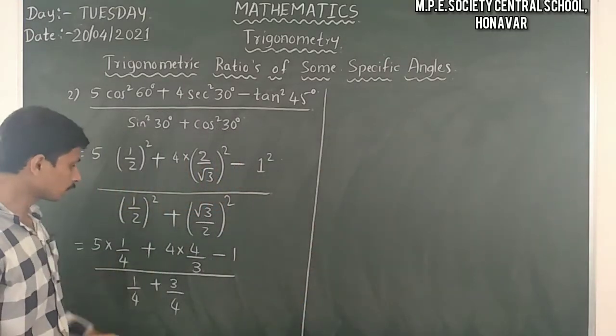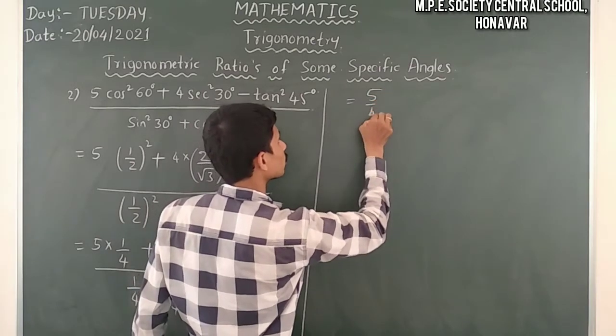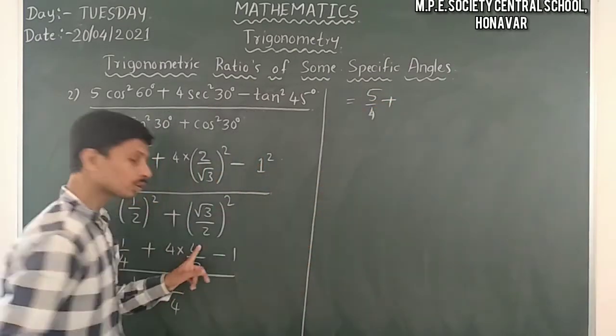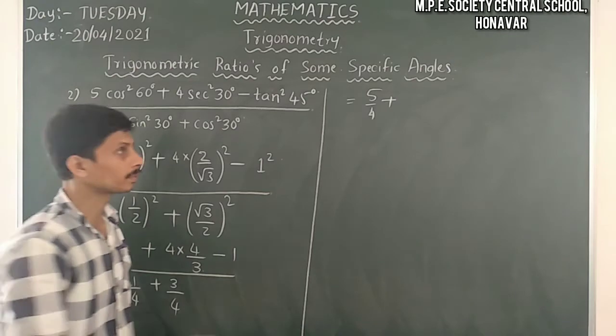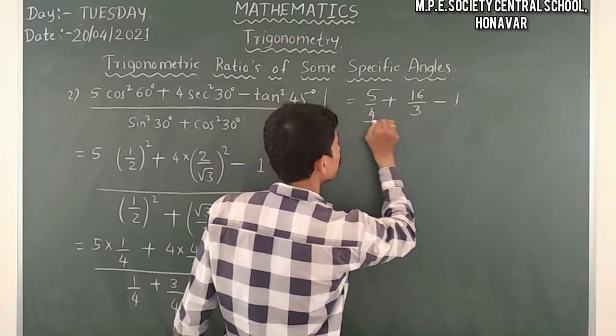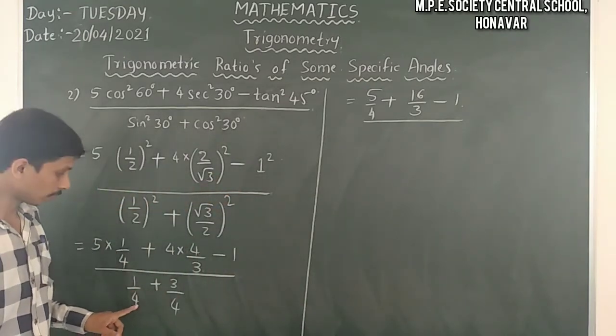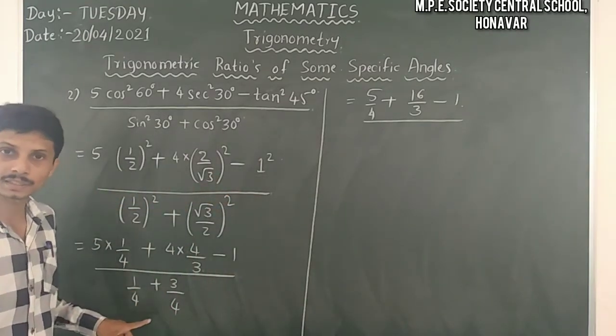Then 5 into 1 by 4 means 5 by 4, is equal to 5 by 4 plus 4 into 4 by 3. 4 into 4 means 16 by 3, minus 1, whole divided by, here 1 by 4 is 4, we can take the LCM here.